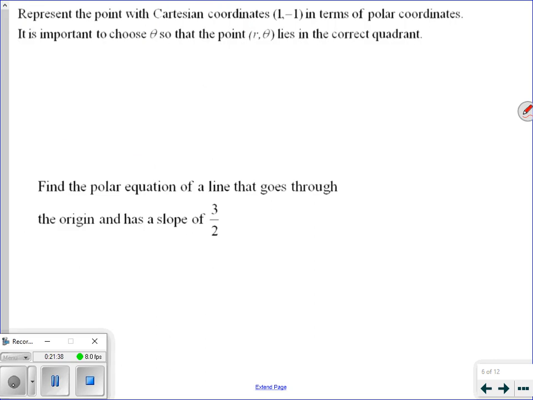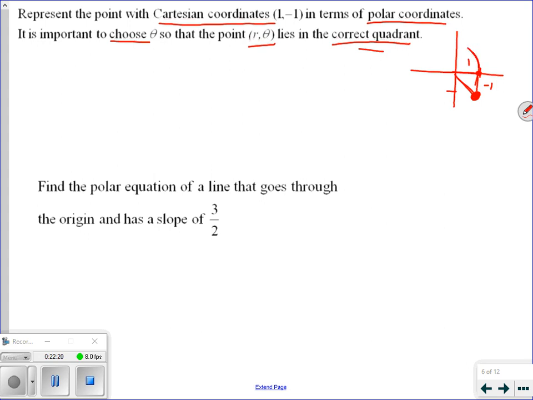Let's look at another example of something polar. It says, represent the Cartesian coordinates (1, -1) in terms of polar coordinates. It is important to choose theta so that the point (r, theta) lies in the correct quadrant. If I do the point (1, -1), that's me going to the right one and then down one.